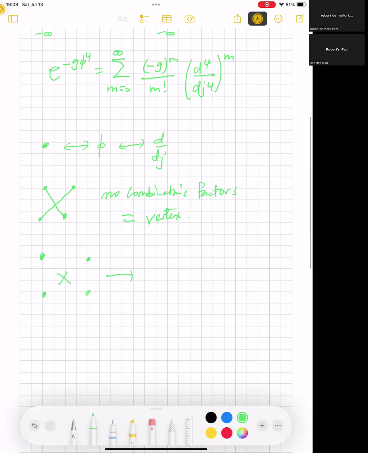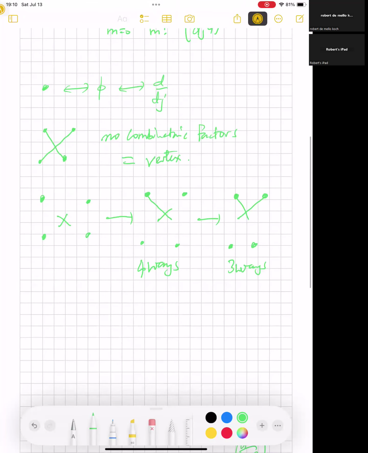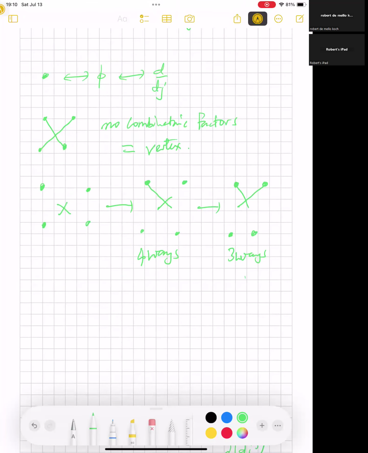Well, let's connect the first to this dot over here. Let's connect one leg of the vertex. And there are actually 4 ways to do it, because we could have connected to any of the legs on the vertex. And then we can connect another leg to a dot. And the number of ways to do that is 3 ways, because we could have connected any 3 of the legs on the vertex to the second dot.